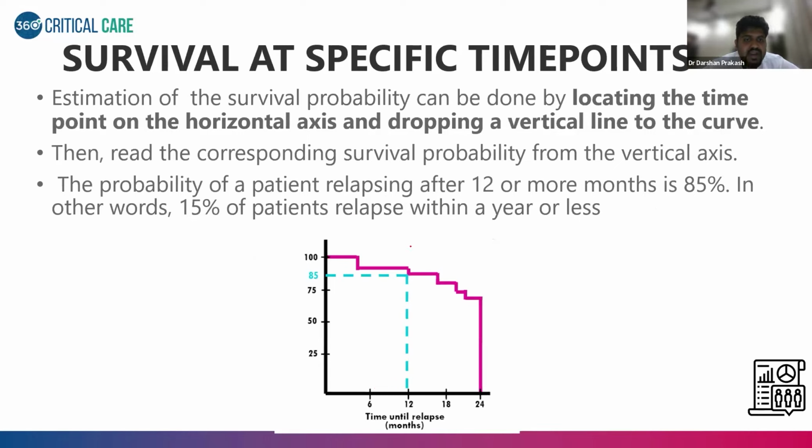It is around 85%. You just drop in a vertical line. The vertical line will help you understand where it stands at that particular time, and for that instance the survival probability is 85%. If you want to see around 18 months, draw another vertical line here. Whatever it touches, roughly it has dropped to around 80%. So that is how we need to check it.